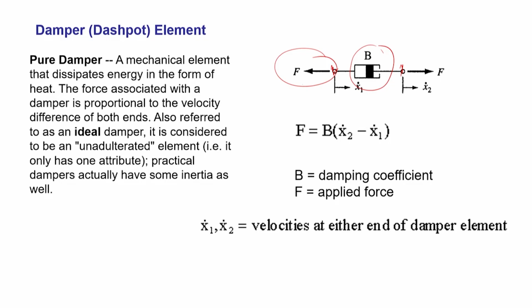Now, this type of damper is a specific type of damper called a viscous damper. Okay? Viscous dampers are dampers where the damping force is proportional to the relative velocity, and of course, it is linear.